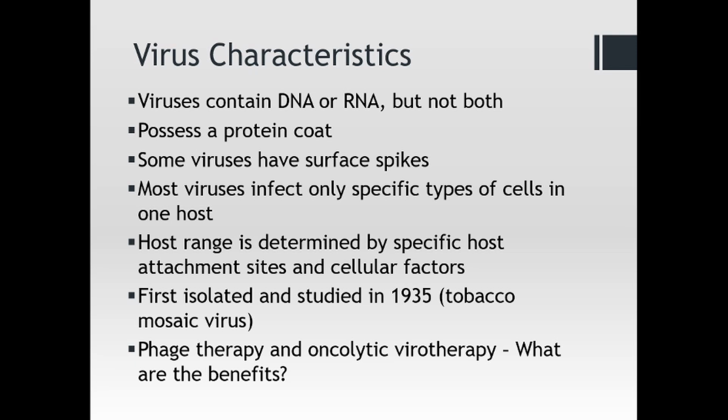So usually at the tips of these spikes there's a little bubble, so to speak, of enzymes. And so when they encounter a cell membrane, the spike opens up, releases the enzyme, and enables the virus to enter a cell. Or, going the other direction, the spike will also allow the virus to get out of a cell, which then enables them to go out and infect other cells as well.